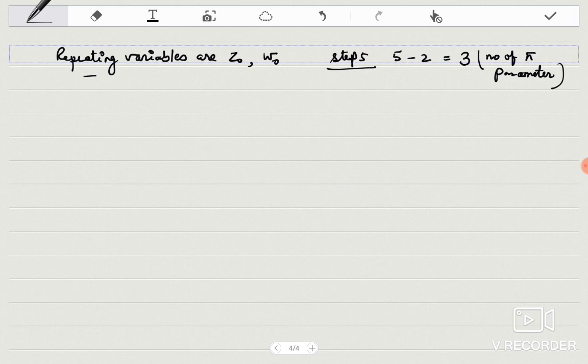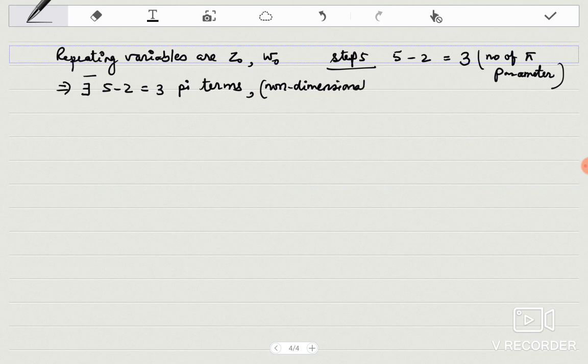So in step 5, I would write this implies there exist 5 minus 2 is equal to 3 pi terms. These terms are non-dimensional.